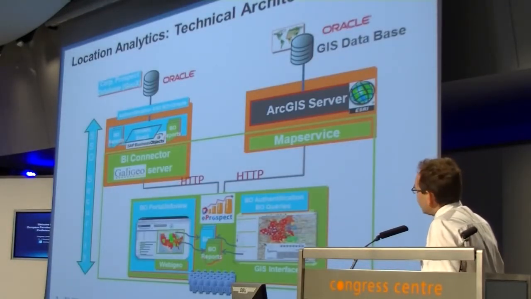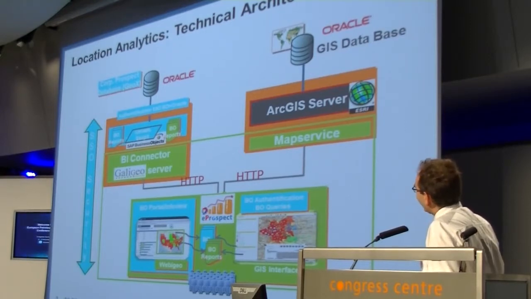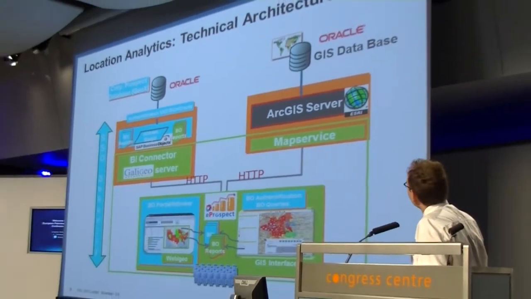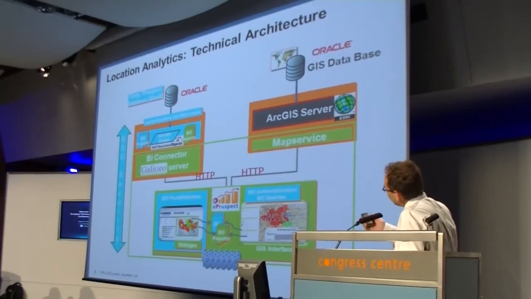I'm not a specialist in IT, so it's hard for me to comment in detail on this slide, but we have genomics running on one database, we have RQS data for spatial information, and we have this connector which sits within Business Objects to make everything work, and users should not see all this complexity.